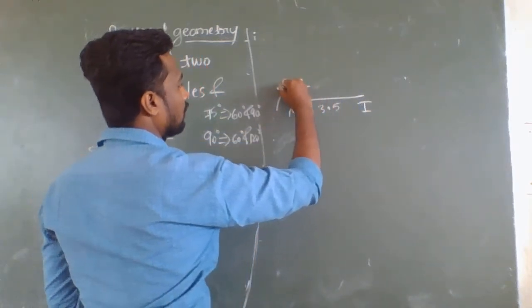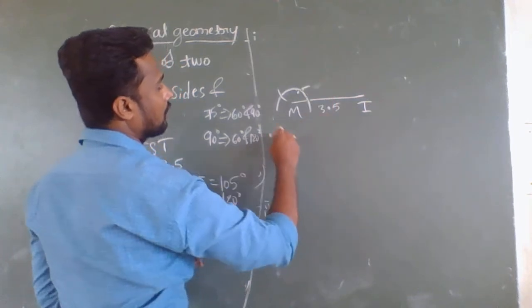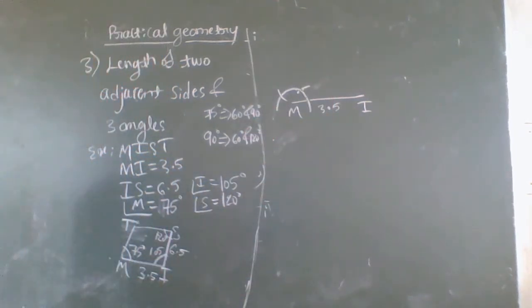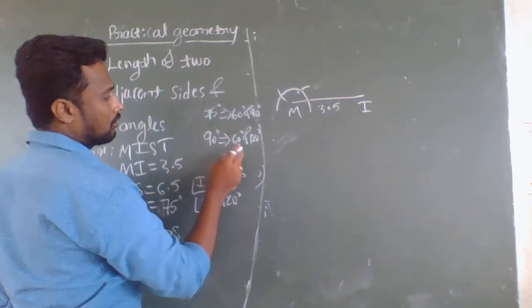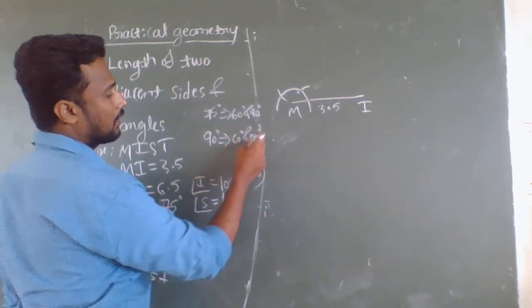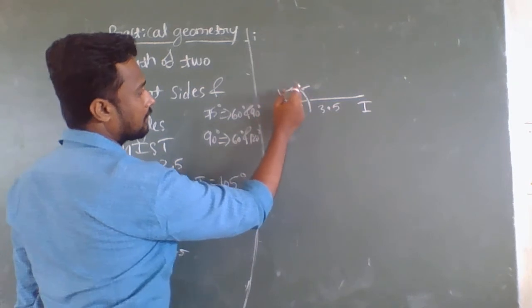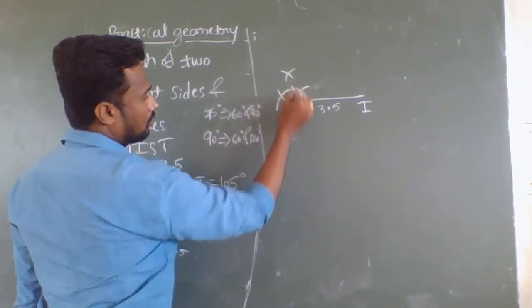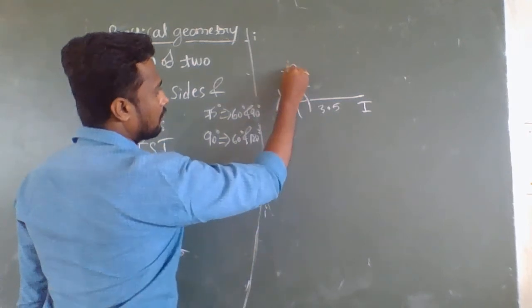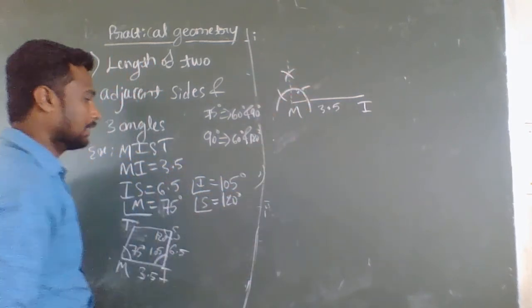Here I get another arc which is 120 degrees. And again, by keeping the same distance from 120 degrees and 60 degrees, I will get 90 degrees.